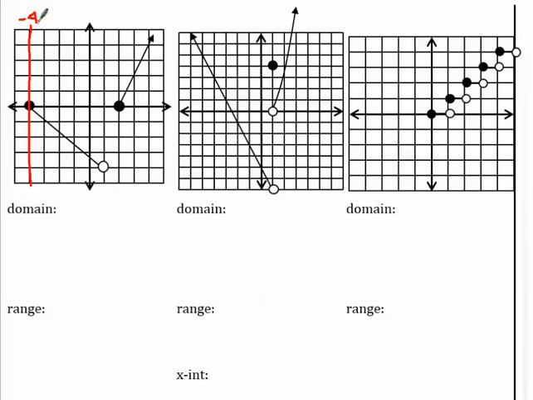Then if I put my pencil here and trace this line, I would have to pick up my pencil to continue on the other part of the graph. So this is a discontinuous function.